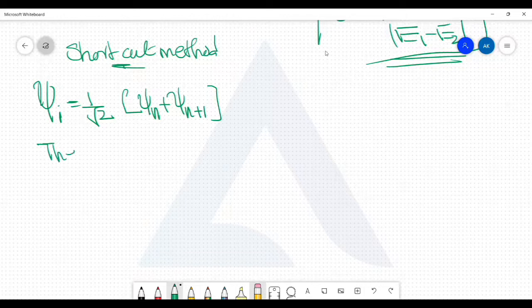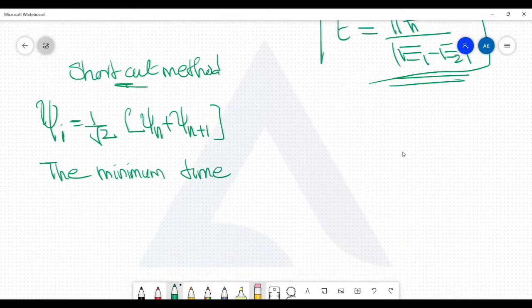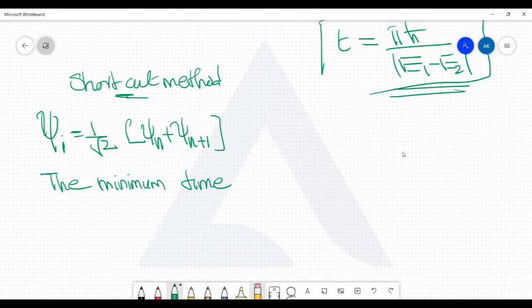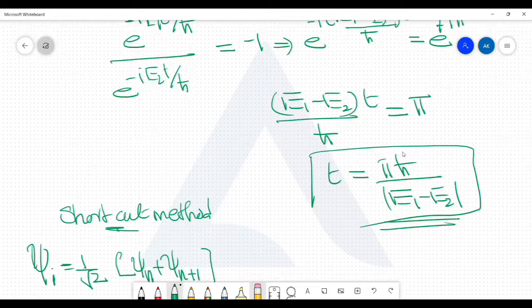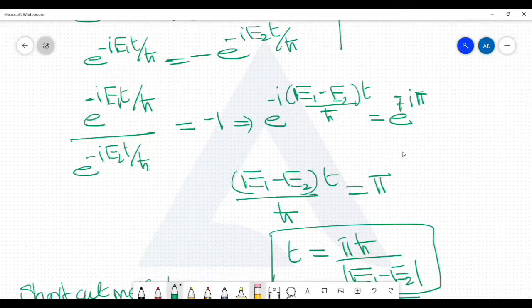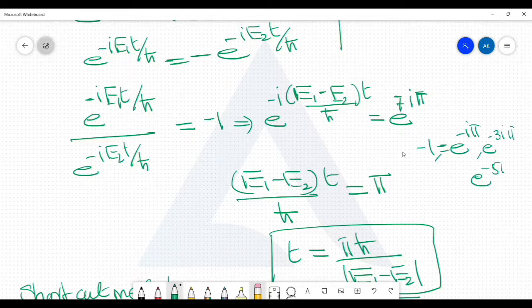Then we are looking for the minimum time. You see here, e raised to minus 1 can take many values. Minus 1 means e raised to minus i pi, e raised to minus 3 i pi, or e raised to minus 5 i pi. Everything holds good.